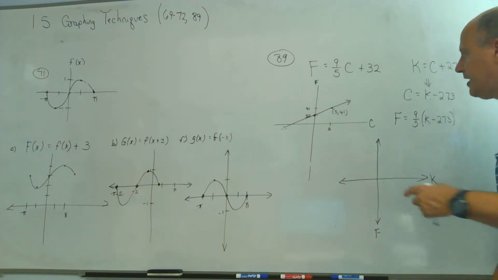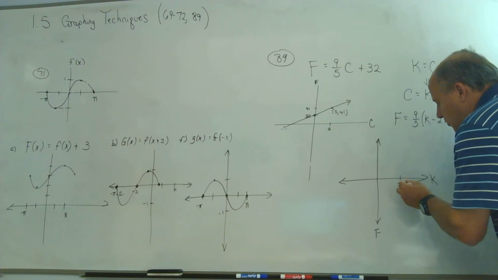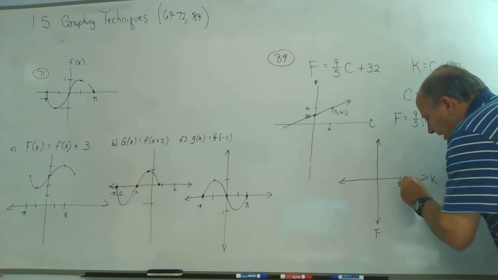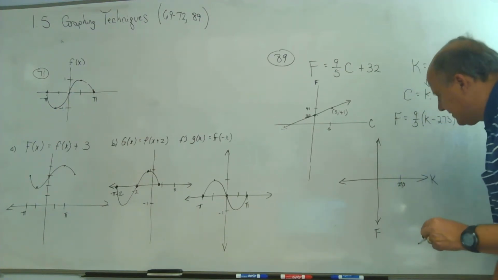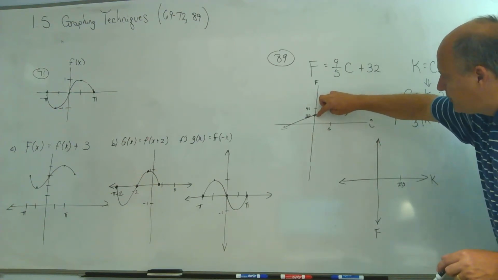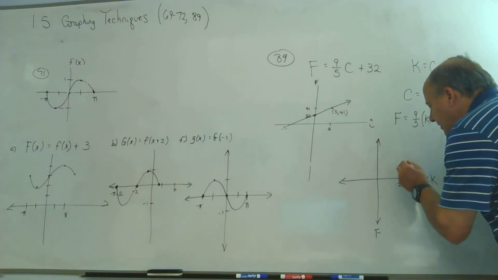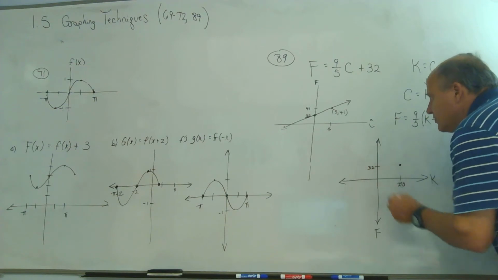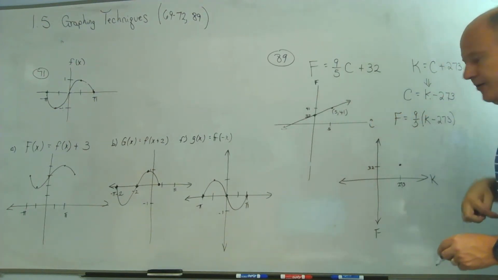Now, if you go 273 units this way, I know it's not drawn to scale, that's not my purpose. So I move this point 273, it would be right here. So that point gets moved 273 units.